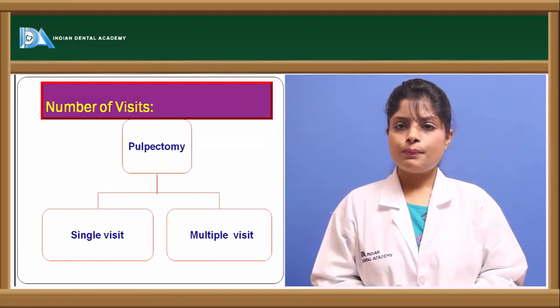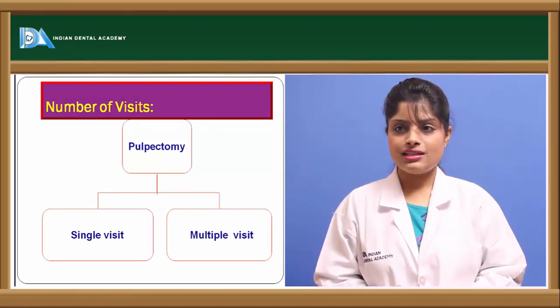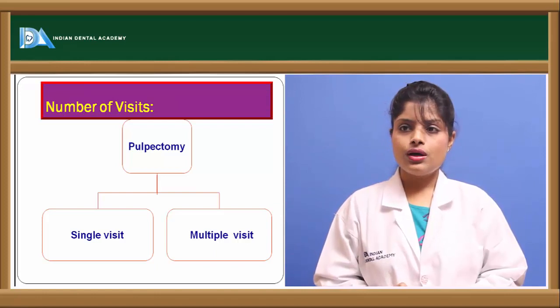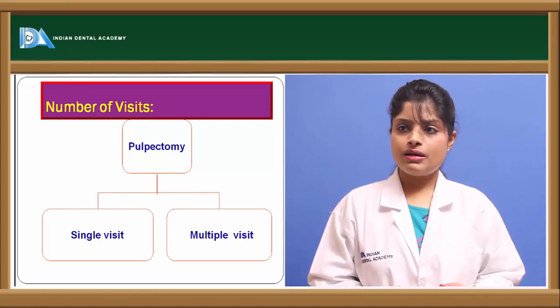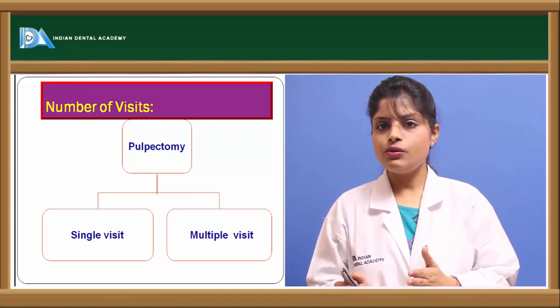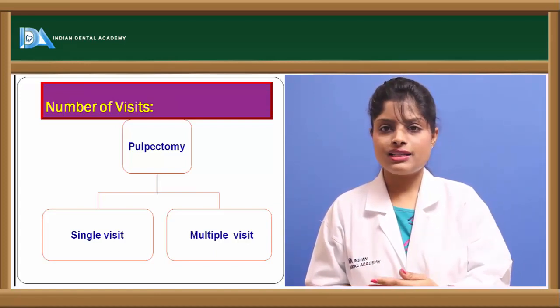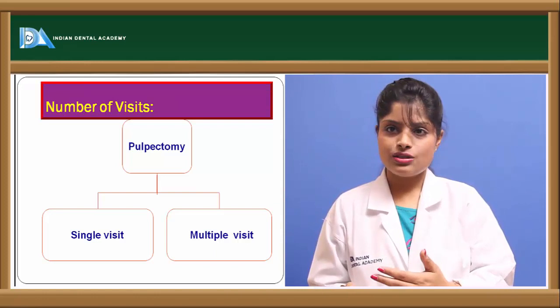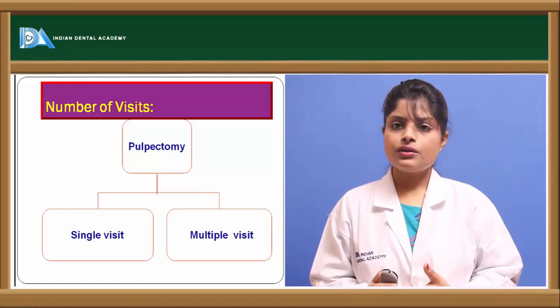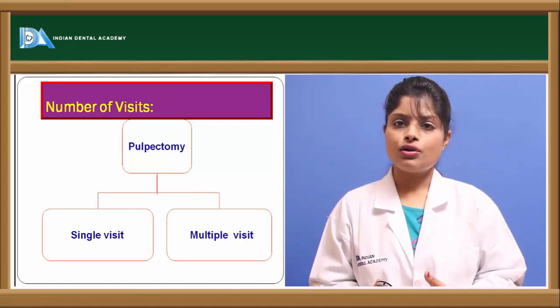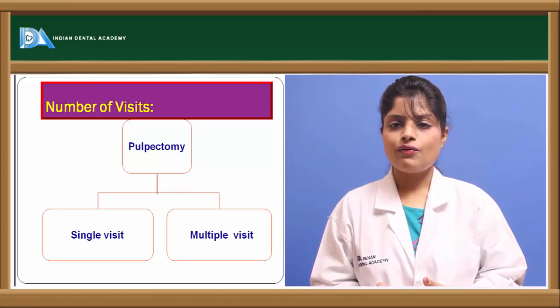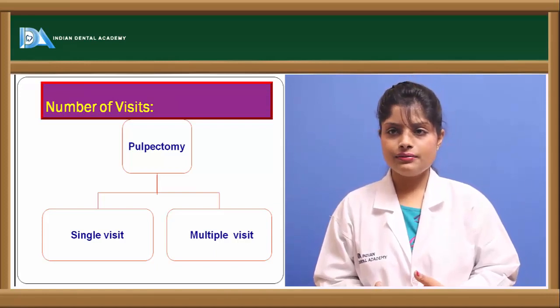Now, pulpectomy can be classified into either a single visit pulpectomy or a multiple visit pulpectomy, wherein we perform the pulpectomy procedure in various visits. So, this is depending upon the number of visits of the patient by which pulpectomy can be classified.